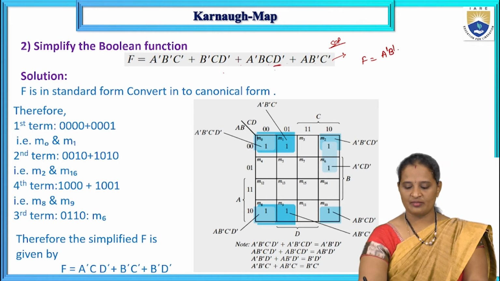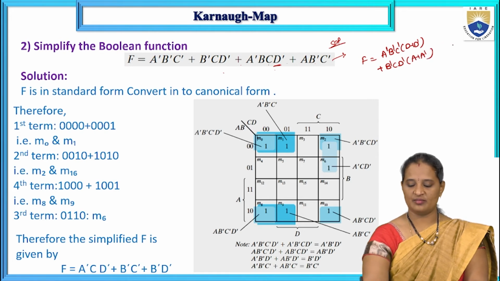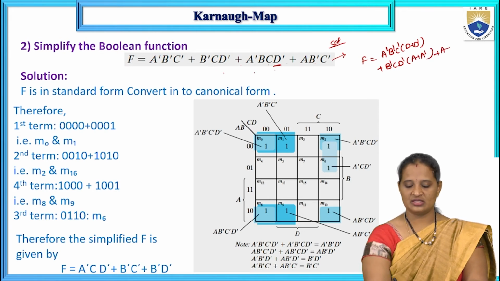So A complement B complement C complement (D plus D complement) plus B complement C D complement (A plus A complement), because the missing variable is A, plus the third term does not have any missing variables, A complement B C D complement, plus A B complement C complement (D plus D complement).